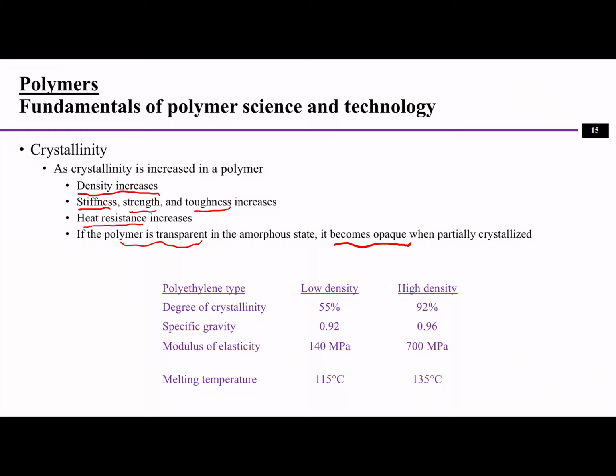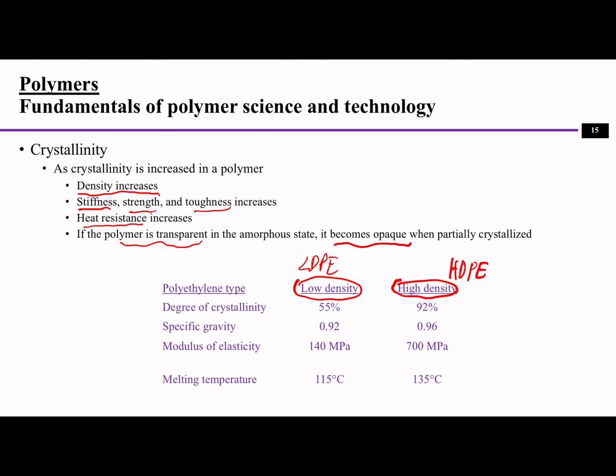You can see a difference between the two different types of polyethylene. One is the low density one, while the other is the high density one. This is LDPE, usually we call it, and this is HDPE. Usually you can see LDPE and HDPE in a lot of containers or plastic products.